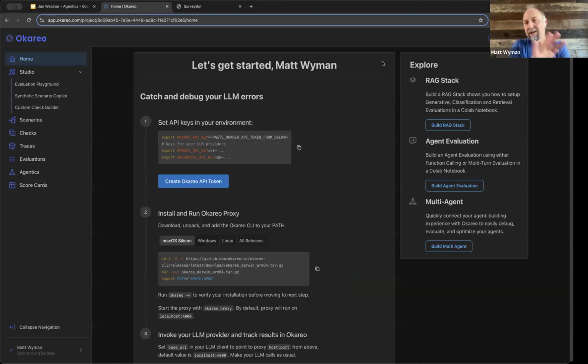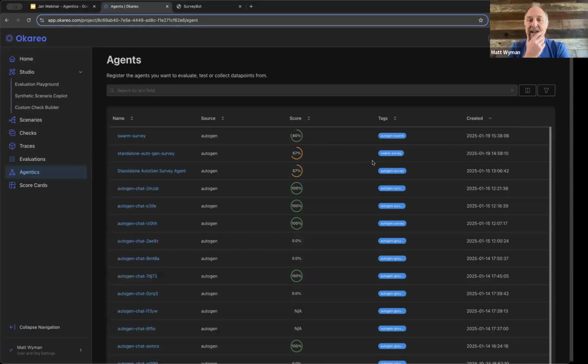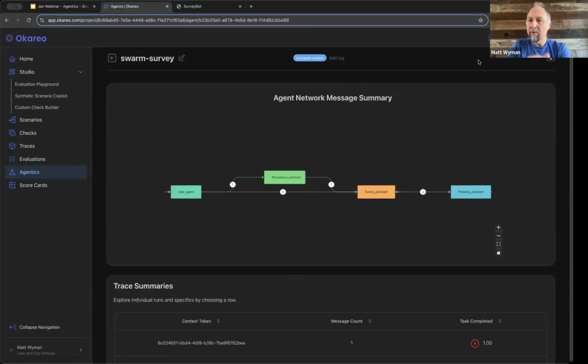This is Okareo. I'm not going to do a walkthrough of all the little pieces. You can look at our blogs and documentation, but I am going to touch on two areas. First, just quickly, this is where the simulations happen. To debug what we just looked at, I'm going to spend more time in the online evaluation, but just to show you this is here. This is an example of simulating that particular agent network under different conversations.